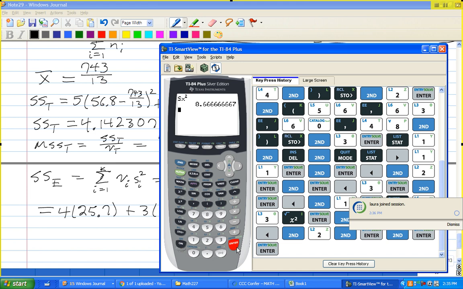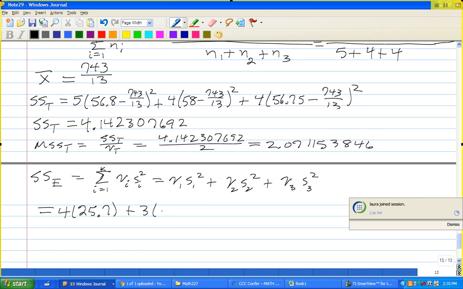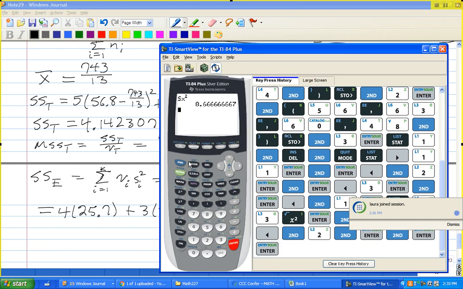And the variance is 8.6. Okay. Degrees of freedom again is going to be 3. And let's figure out what the variance is for the last one.